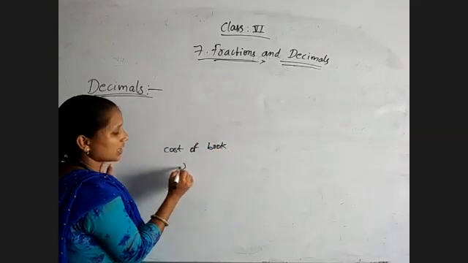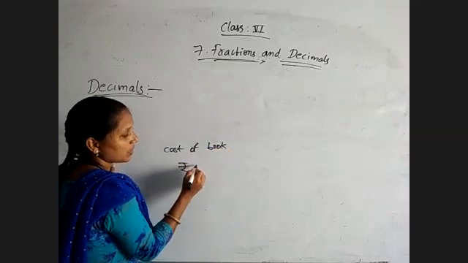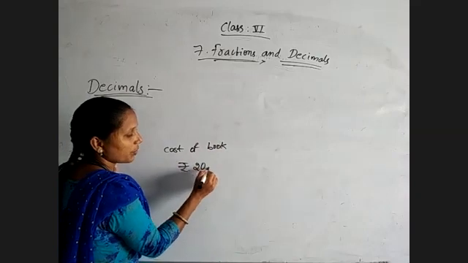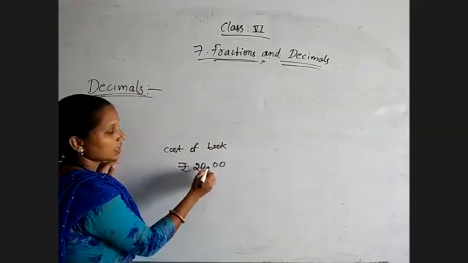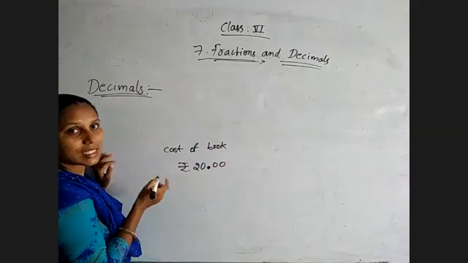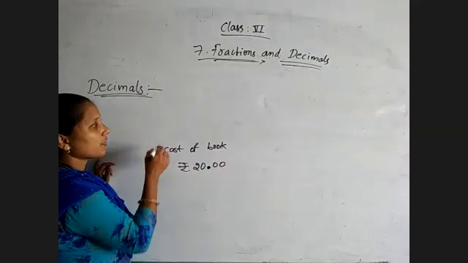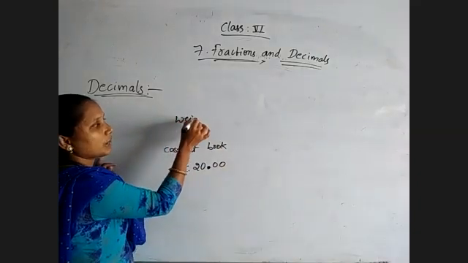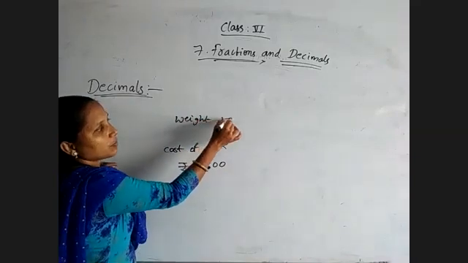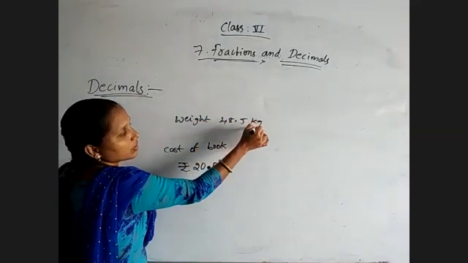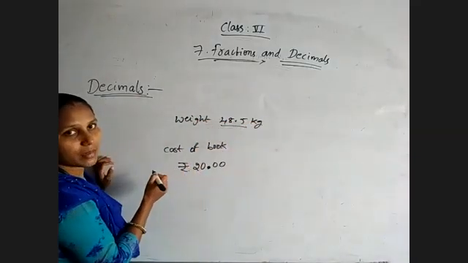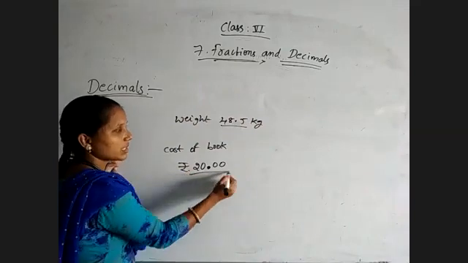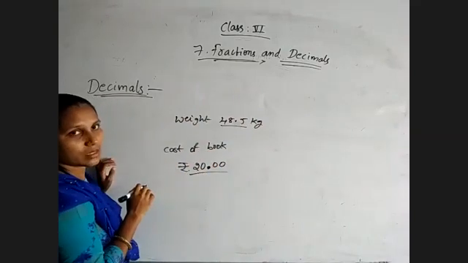Just observe, if they give 20 rupees, they will give 20.00. See, this point indicates a decimal number. For suppose the weight of any object, for suppose 48.5 kilograms is given. So here this one is also a decimal number. Understand? So in so many situations we are using decimal numbers.